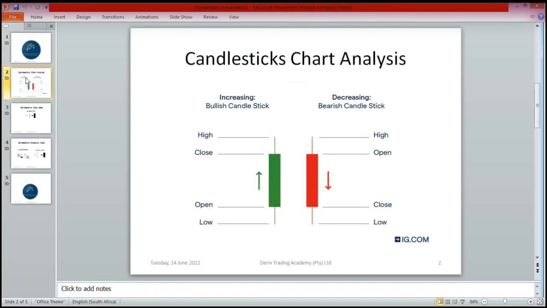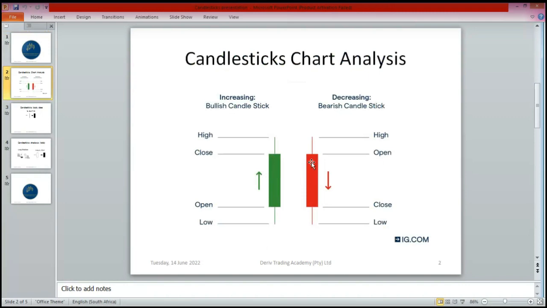Just like you and I, candlesticks have different body sizes. And when it comes to trading, it is very important to check out the bodies of candlesticks and understand the psychology behind it. Okay, here are the candlesticks.